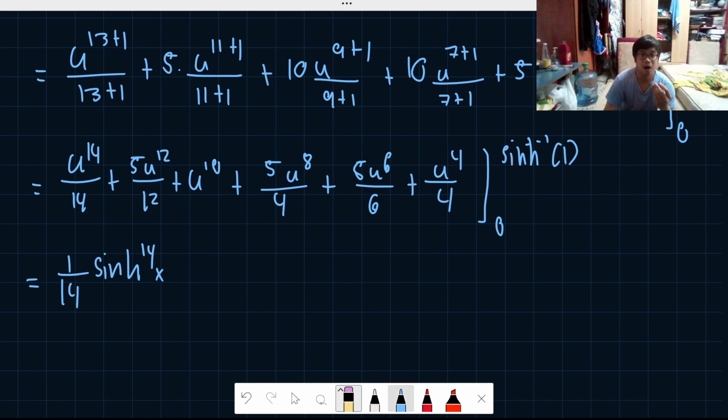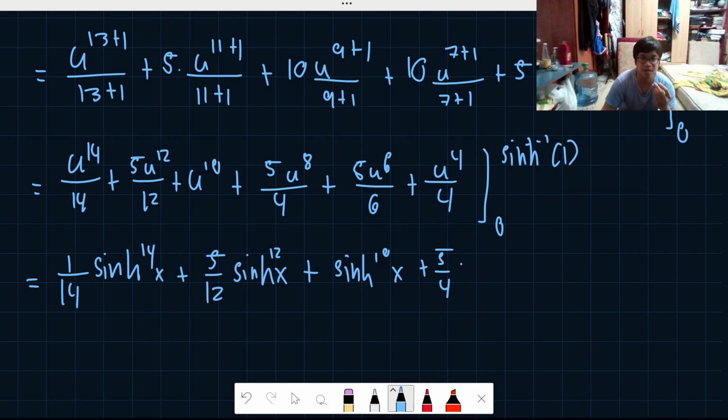Okay, so plus here we have 5 all over 12 times hyperbolic sine of x raised to 12 plus hyperbolic sine of x raised to 10. And I don't want to say the word again, it's too redundant.